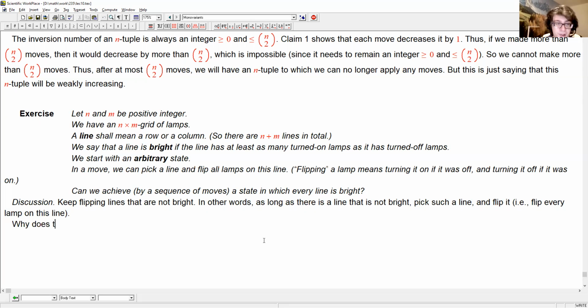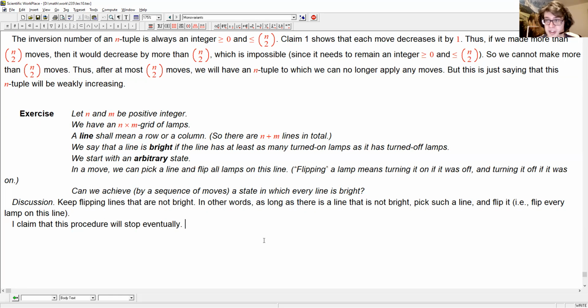Why does this work? I claim that this procedure will stop at some point eventually. Because if it went on forever, if we would go around in cycles, this would not be a useful procedure. We would never get to the desired state.